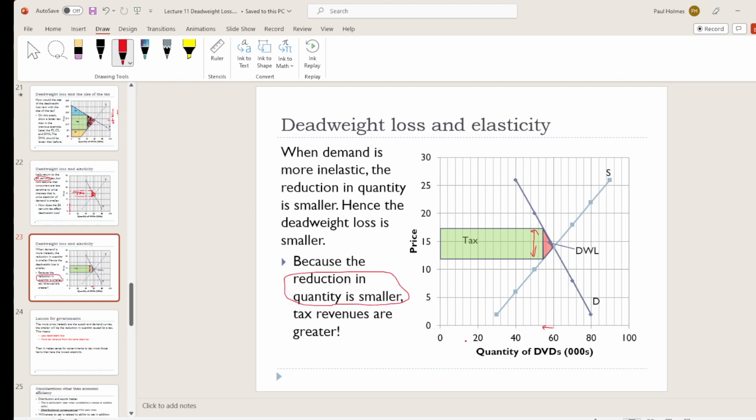But there's actually another thing that we can notice here. With a smaller change in quantity, the number of units that we're able to tax is greater than before. So a lower elasticity for the demand curve, or the supply curve, but in this case the demand curve, a more inelastic demand curve means we get less deadweight loss and more tax revenue.